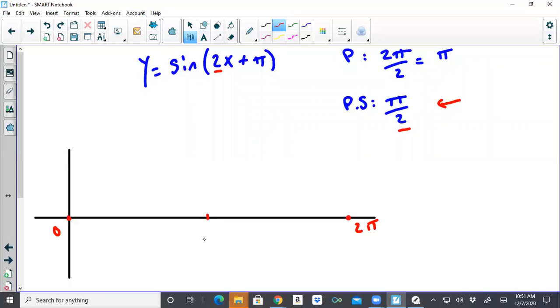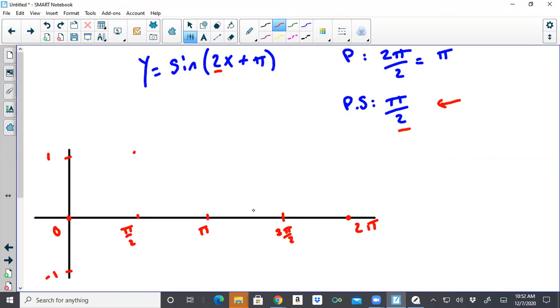Pi is going to fall right in between that, and then pi over 2 is going to fall here, and 3 pi over 2 is going to fall here. If you notice, I'm being very arbitrary with my graph, but I'm hoping that's something you get more comfortable with as you work through this. Now I know I'm not going to change the amplitude, so it's still going to be +1 and -1. And then I'm just going to put my dots here.